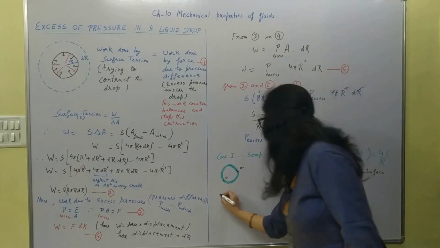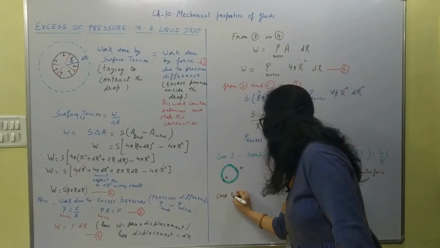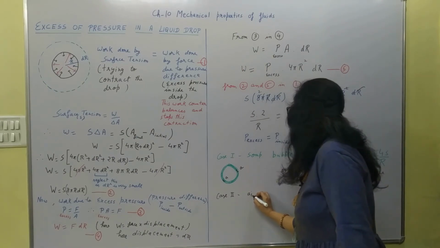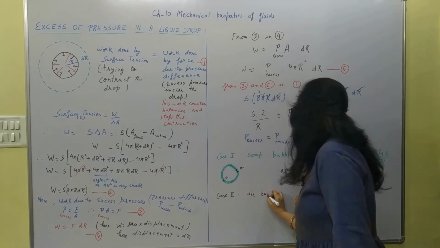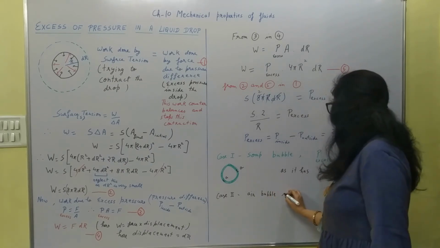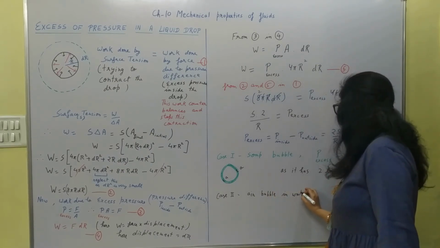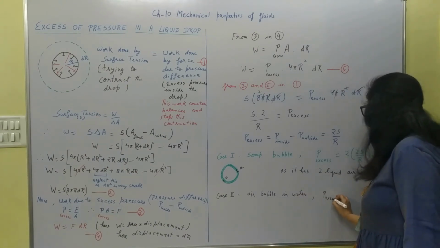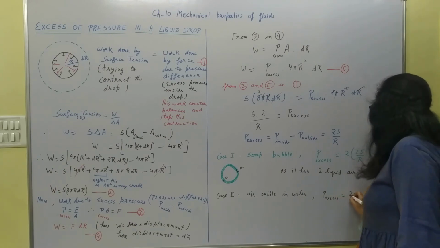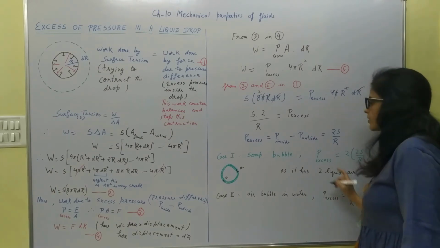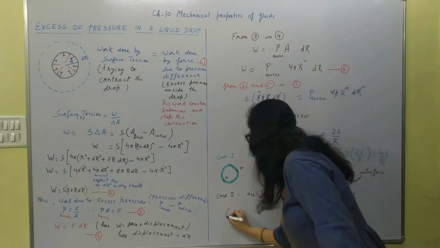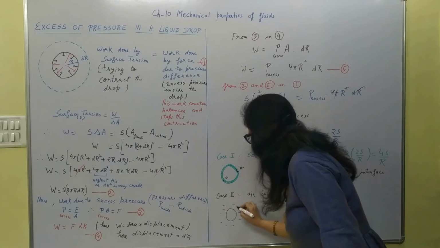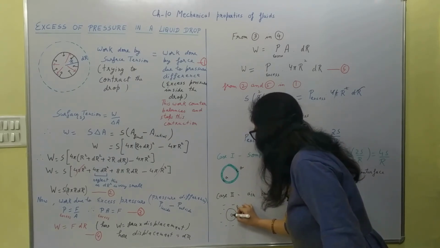Then we have case 2: an air bubble in water. Here also the excess pressure will be 2S upon R, because it also has one liquid-air interface. This is liquid, this is air.